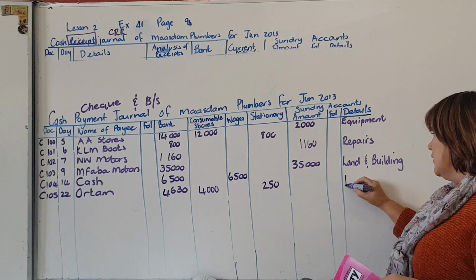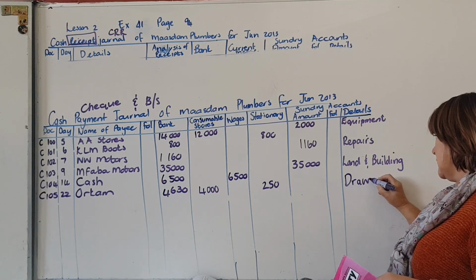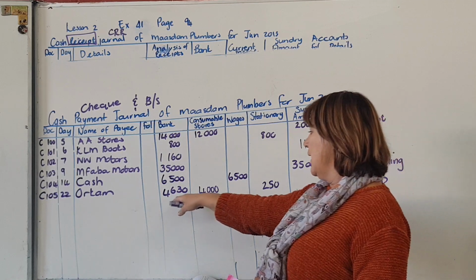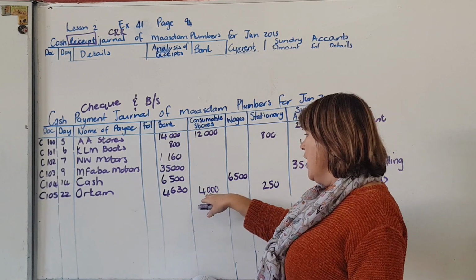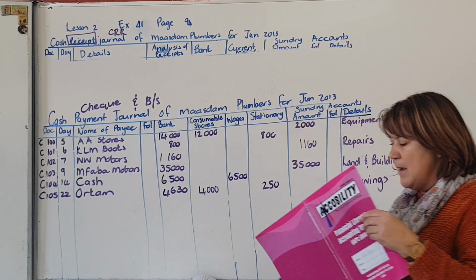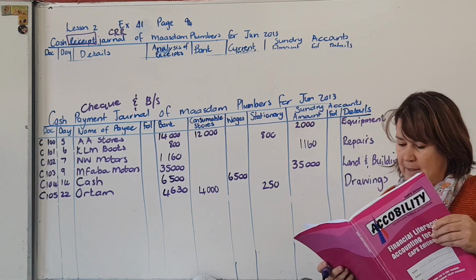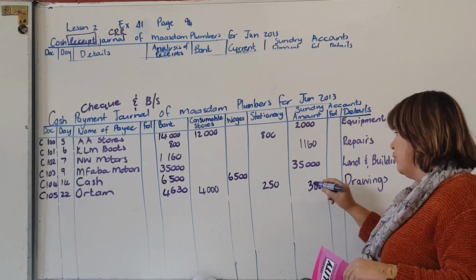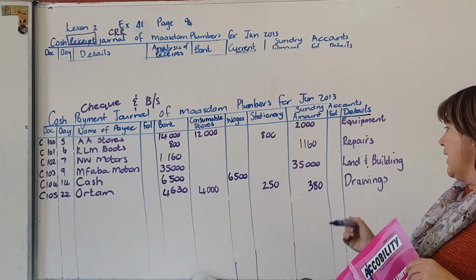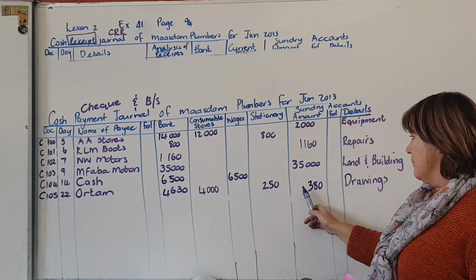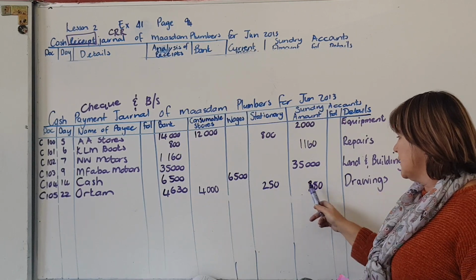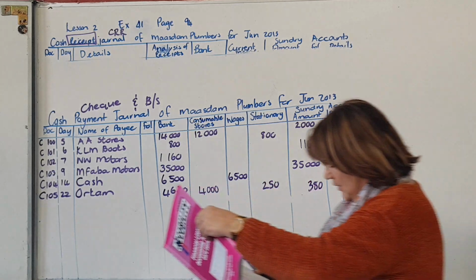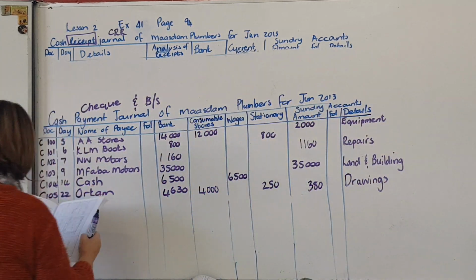So if it's personal use, that is drawings. Now what do you have to do? You take your calculator and you say 4630 minus the 4,000 minus the 250, and the amount then in my book I've worked out already is 380. So if you add that up, can you see it is 4630?